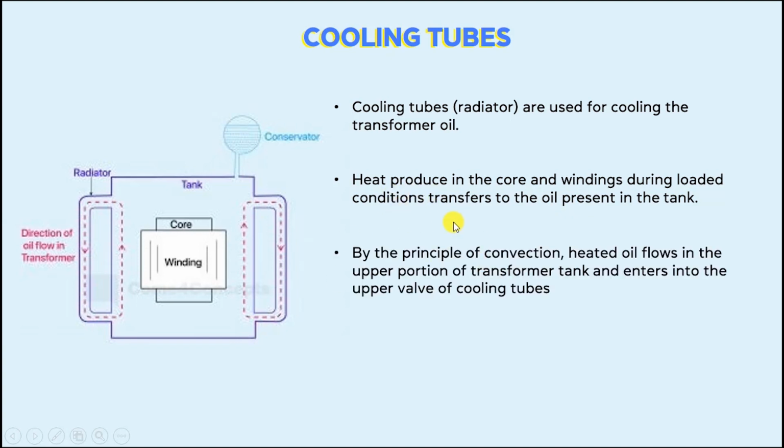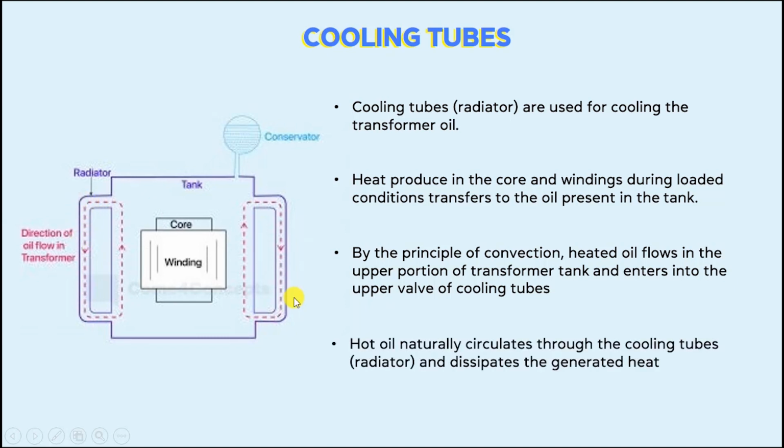By the principle of convection, heated oil flows in the upper portion of the transformer tank and enters into the upper valve of the cooling tubes. Here you can see this is the transformer tank. The heated oil flows in the upper portion and here it enters into the radiators.